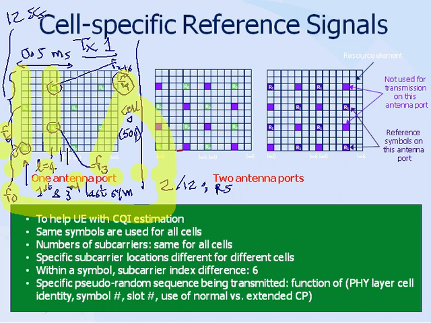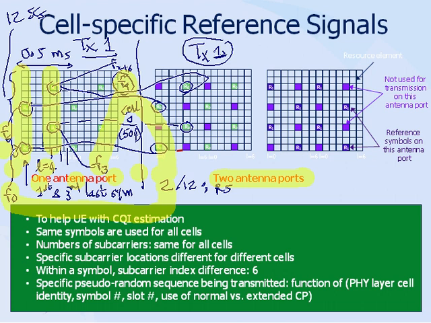What would happen if we had 2 transmit antennas? That is the case shown here. Transmit antenna 1, we already know. It is exactly the same thing, that's where the reference signal is, so no need to worry about that.